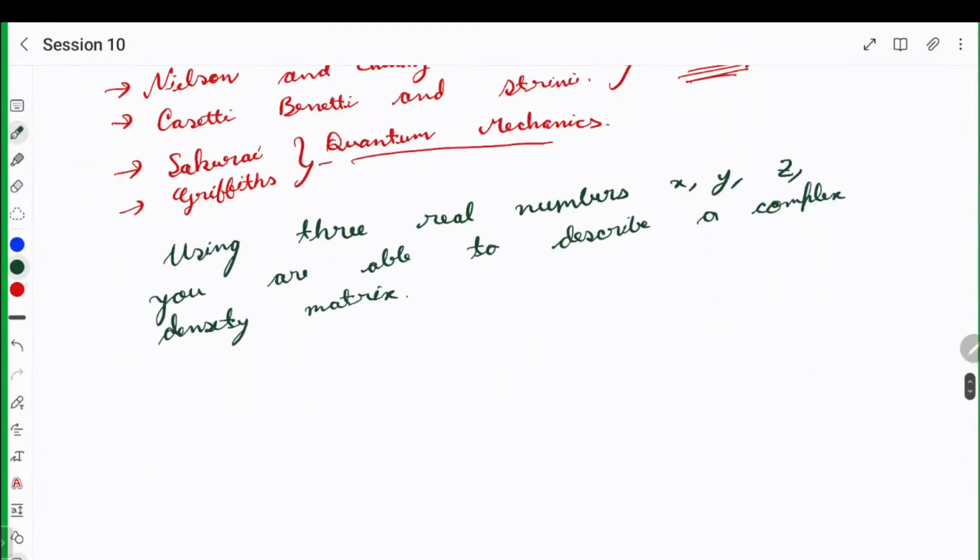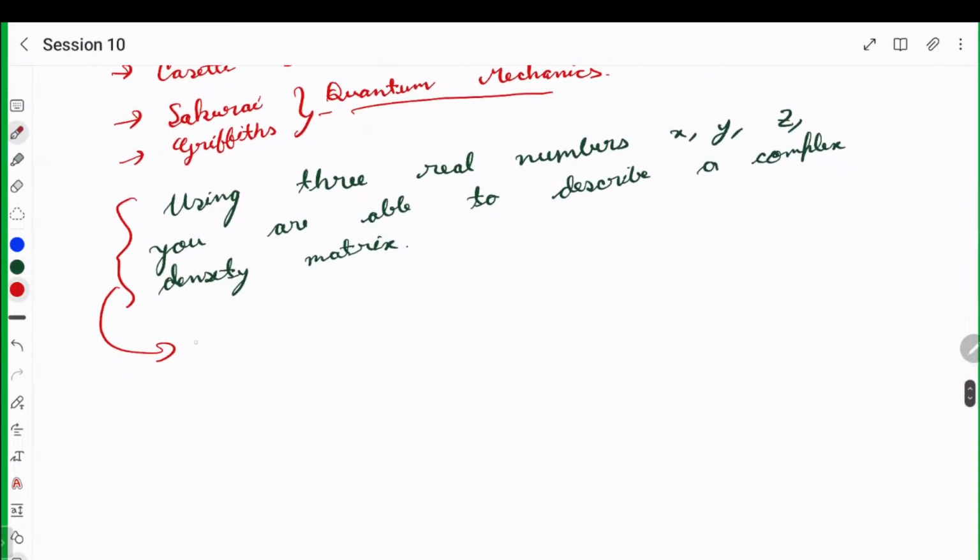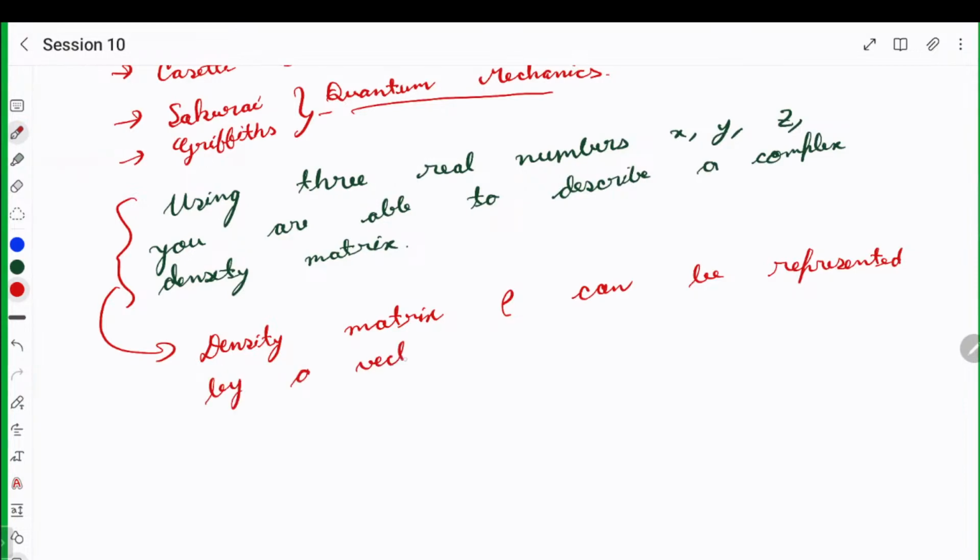Or in other words, from this you can conclude that the density matrix rho can be represented by a vector (x, y, z) in R3.